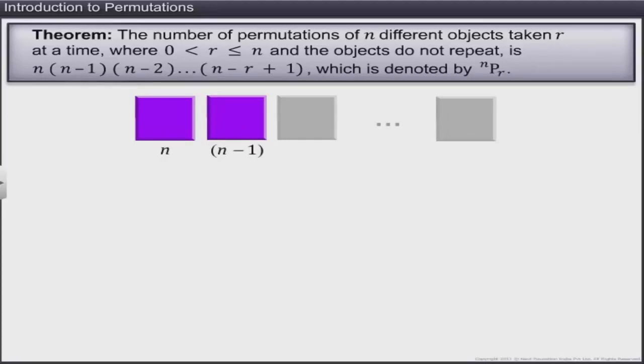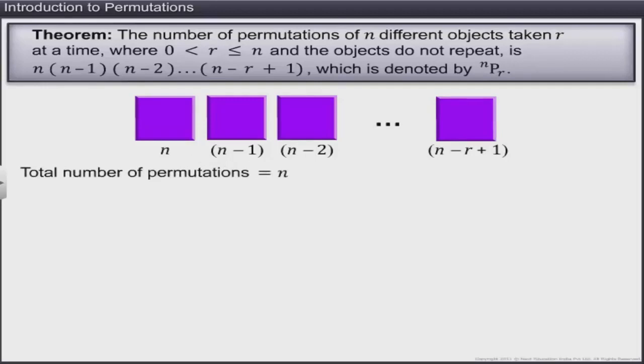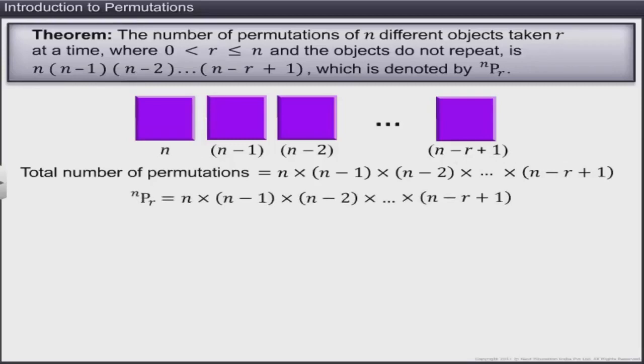Similarly, the third place can be filled in n minus 2 ways. Continuing the same process, the rth place can be filled in n minus r plus 1 ways. According to the fundamental principle of multiplication, the total number of permutations is as shown. This expression is denoted by nPr. Here, n is a natural number.